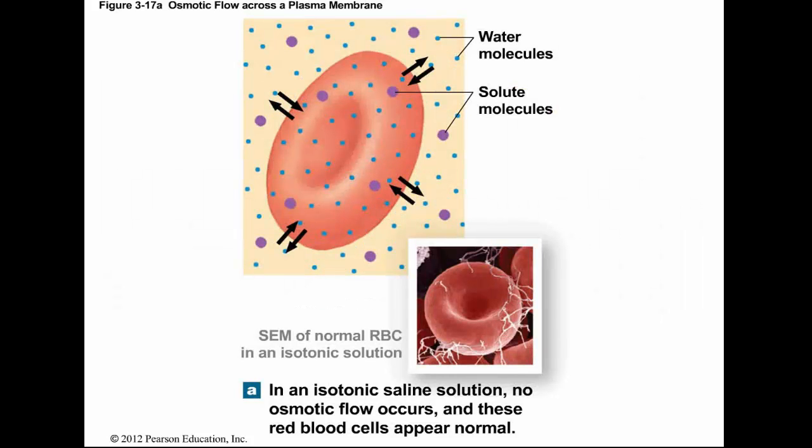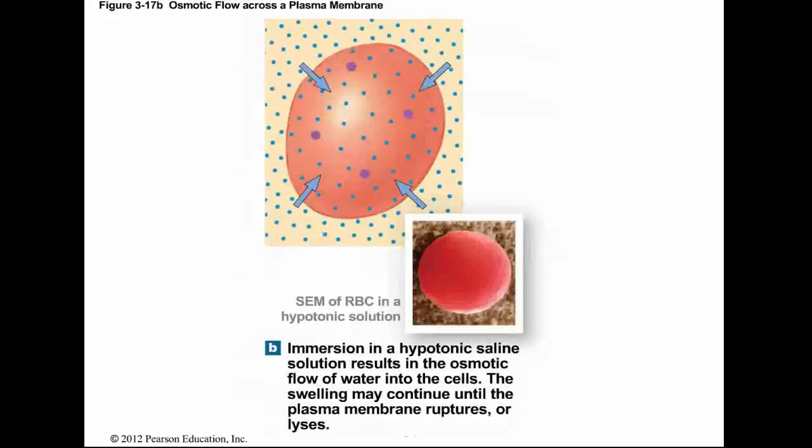So just going through it again. In an isotonic saline solution of 0.9% normal saline, which is the same concentration of salt as the body, there will be no movement. The red blood cells will quite happily sit in this solution and not be damaged.